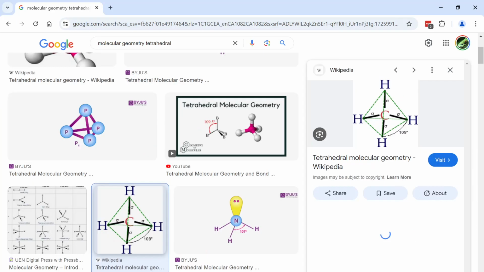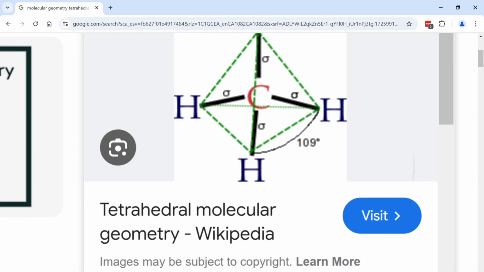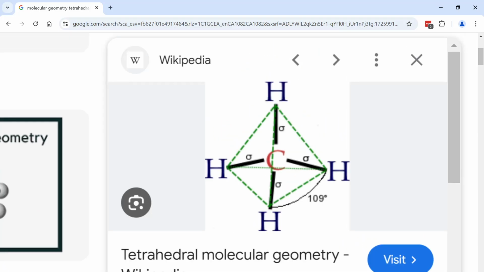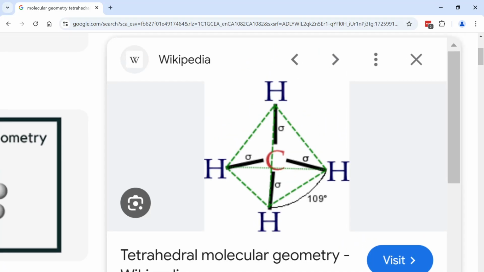So if we look at this one here, once again, this is drawn in 2 dimensions, but it essentially makes like a little pyramid. Where you've got 3 things on a side. It doesn't matter where they are.